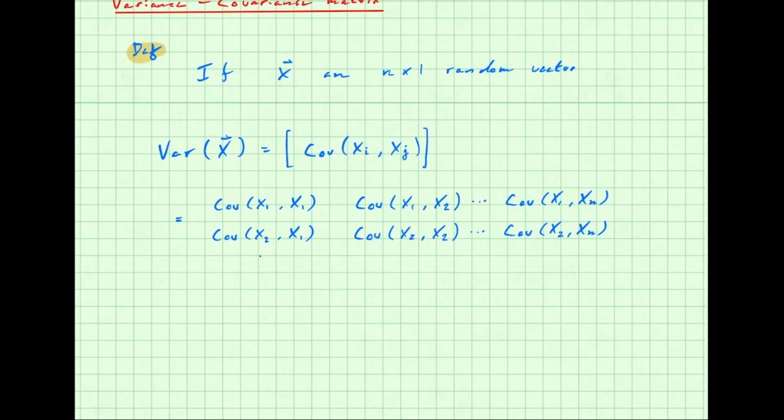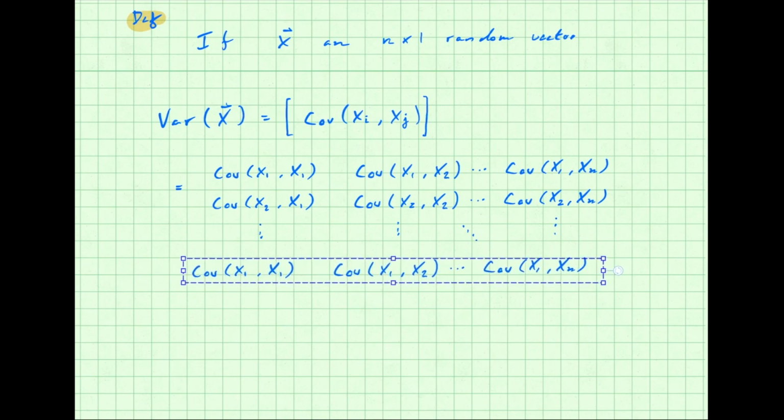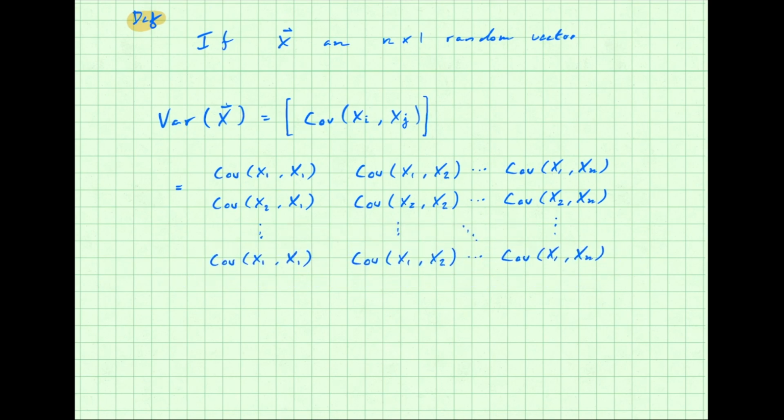And then this just carries on, until you get to the bottom row. We'll paste again, and everything is the same once again, except we're now at row n. Right? So that's what this matrix looks like.